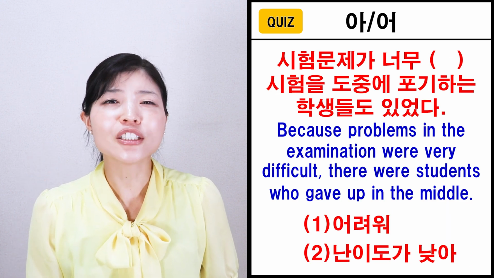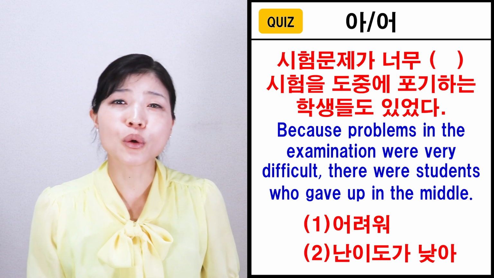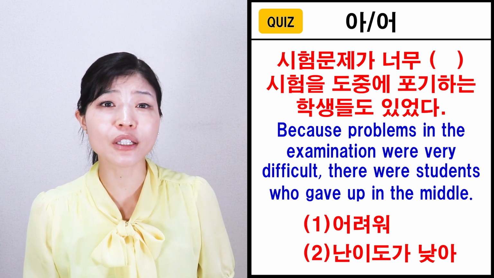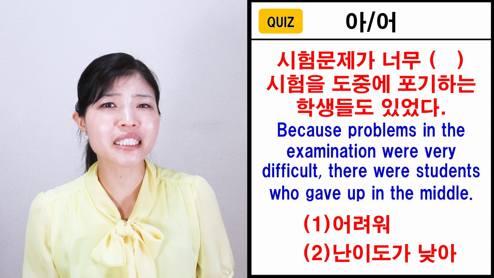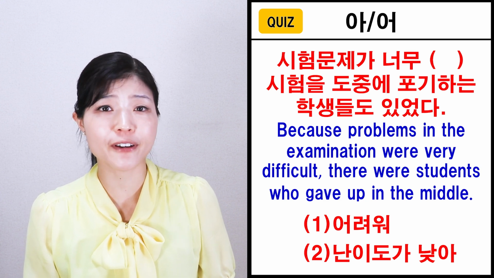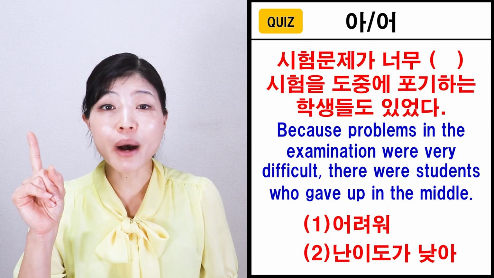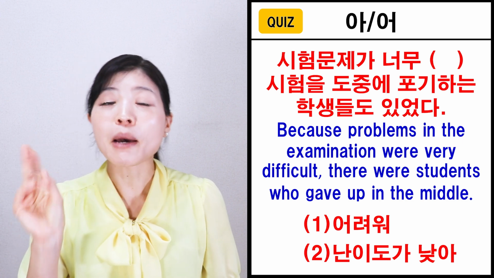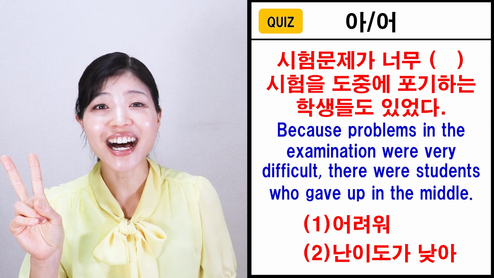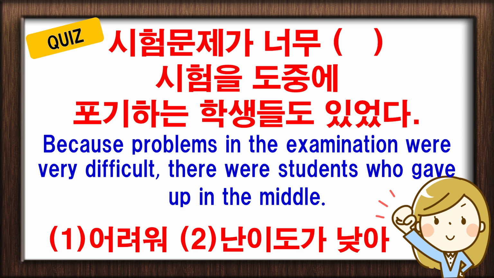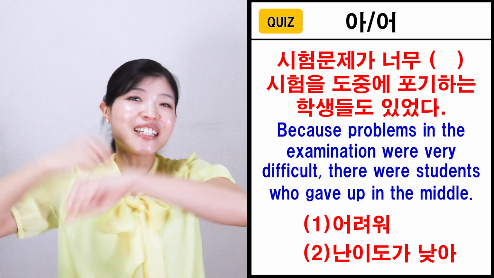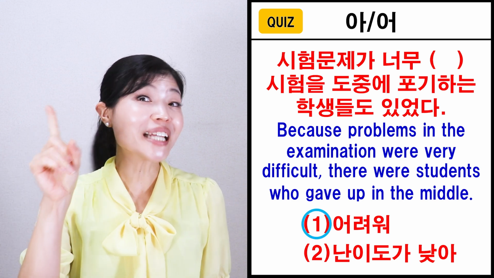시험 문제가 너무 ___ 시험을 도중에 포기하는 학생들도 있었다. Because problems in the examination were very difficult, there were students who gave up in the middle. Number 1, 어려워. Number 2, 난이도가 낮아. The correct answer is number 1.